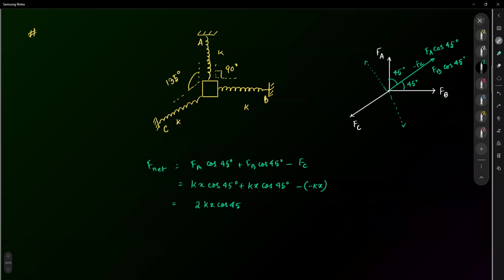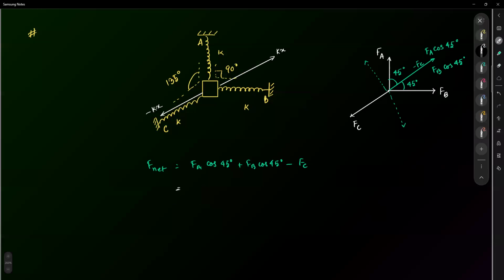We need to rewrite this equation. You can just cut it from here. We need to rewrite it. What is FA? If this is kx, if this is minus kx, this is positive kx.